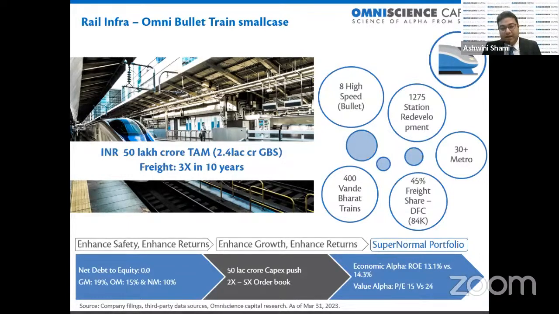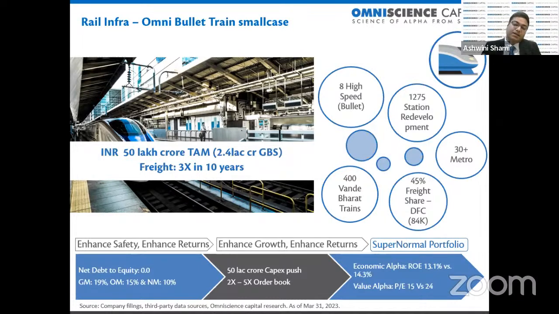And it is expected that in the next few months or maybe quarters, our production speed will go to one Vande Bharat in 3 days. Right? That is the massive production rate that will be achieved. And that's how, if you have to launch 400 trains by 25 or 26, that is the kind of manufacturing speed you need.